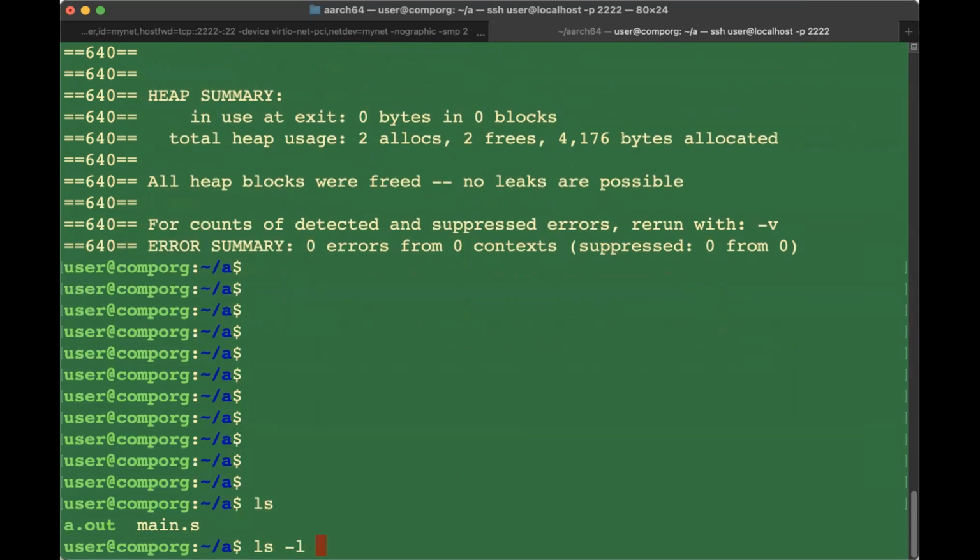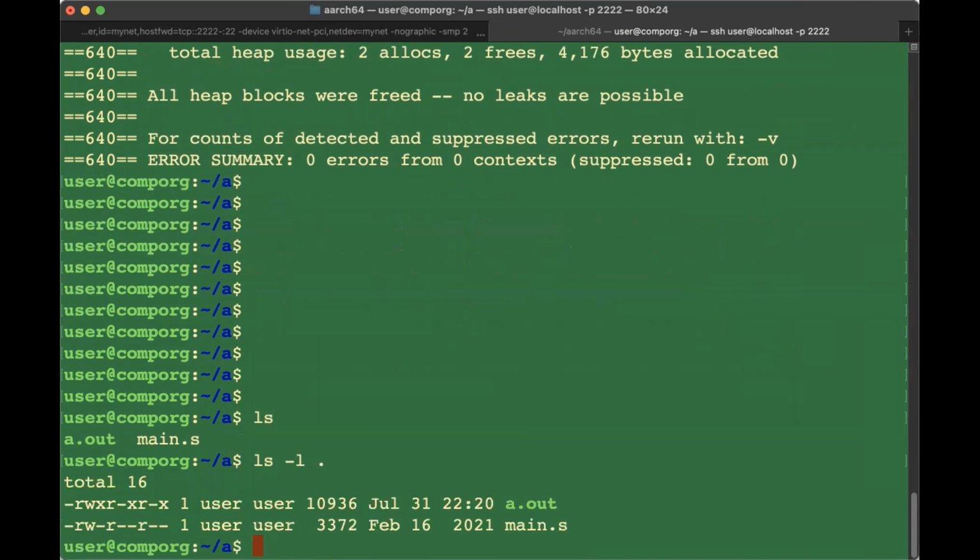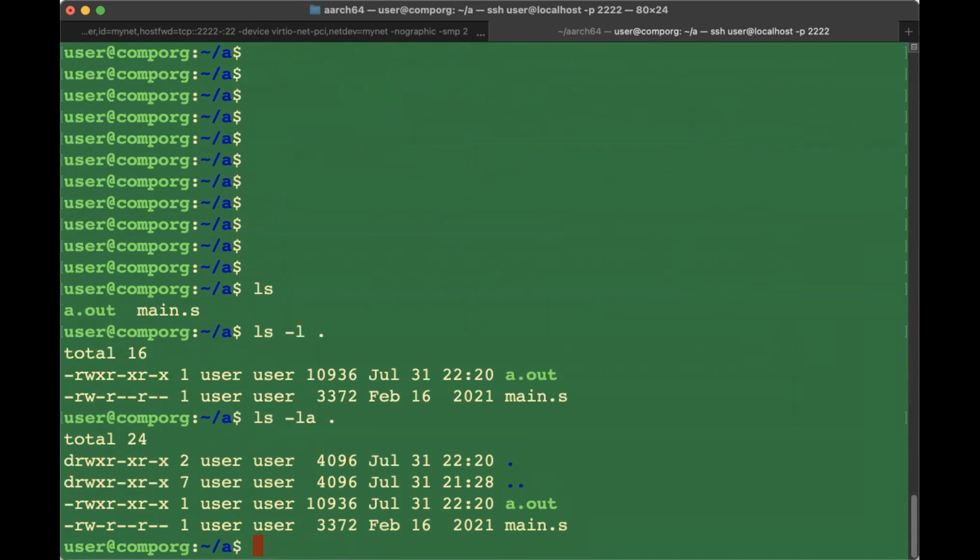So ls -l of period dot. Okay, ls -la dot. Okay, so there are two files in this directory, a.out and main.s.